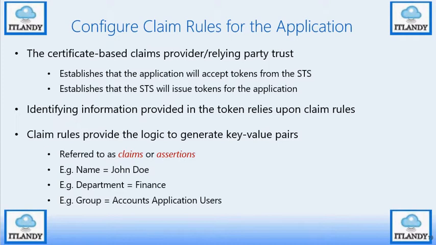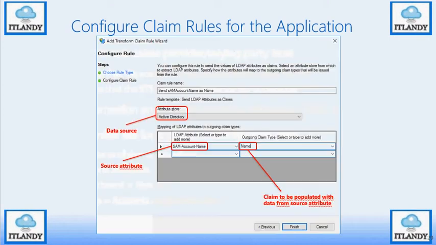Claim rules provide the logic to generate the key value pair. For example, we refer to a claim or assertion name, John Smith, departments and groups. How will this look in the configuration? It is something like this. For the claim rule, we give it a name, send SAM account name, and then the store.